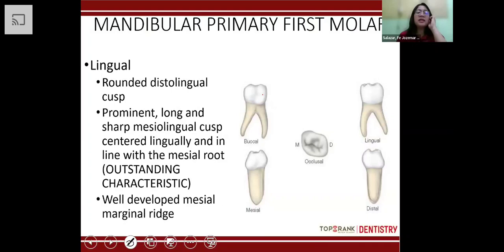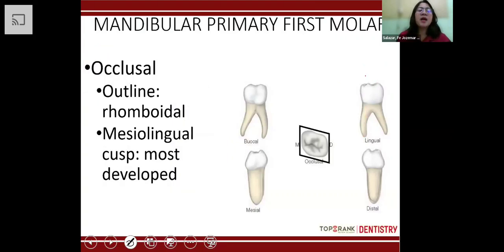Okay. And then from the lingual, you have a rounded distolingual cusp. You have a prominent, long and sharp mesiolingual cusp, centered lingually and in line with the root, which is an outstanding feature of this tooth from the lingual. Okay, so it's in line with the mesial root, and you have a well-developed marginal ridge on the mesial.